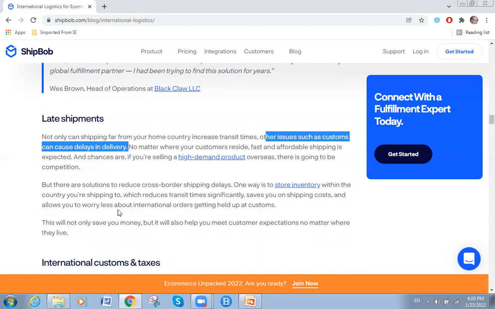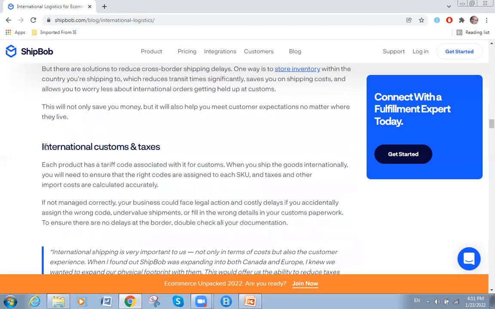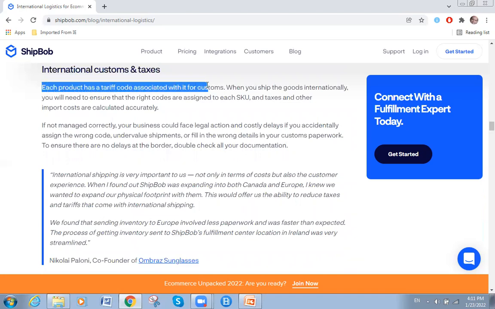So the customs and the duties in the countries to which you export might delay receiving your goods or items which you ask to import. International customs and taxes: each product has a tariff code associated with it for customs.